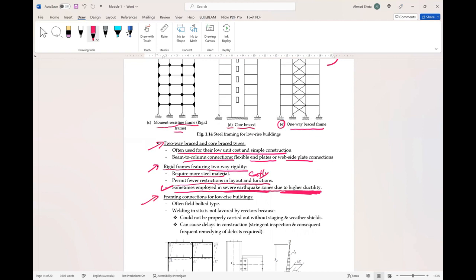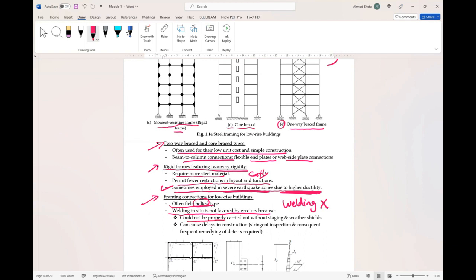Framing connections for low-rise buildings are often field bolted type. Welded in situ is not favored by erectors because welding is not very favorable.